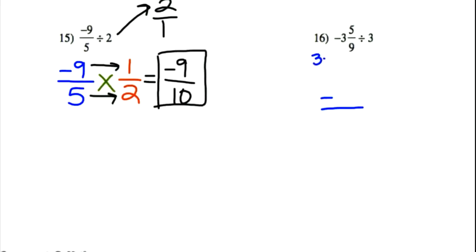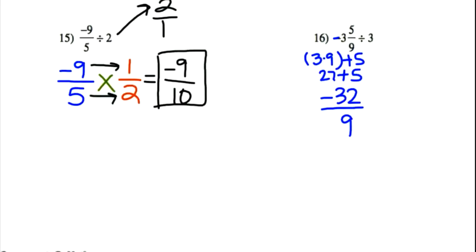So I'm going to have 3 times 9, and then I'm going to add 5. So 3 times 9 is 27, and I'm going to add 5 to that, and I'm going to get -32 because my mixed number was negative in the original when I started, and my denominator is going to be 9.